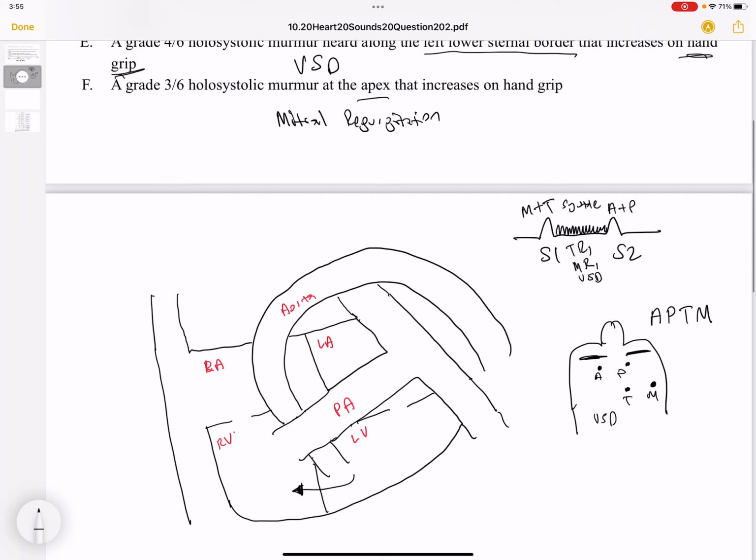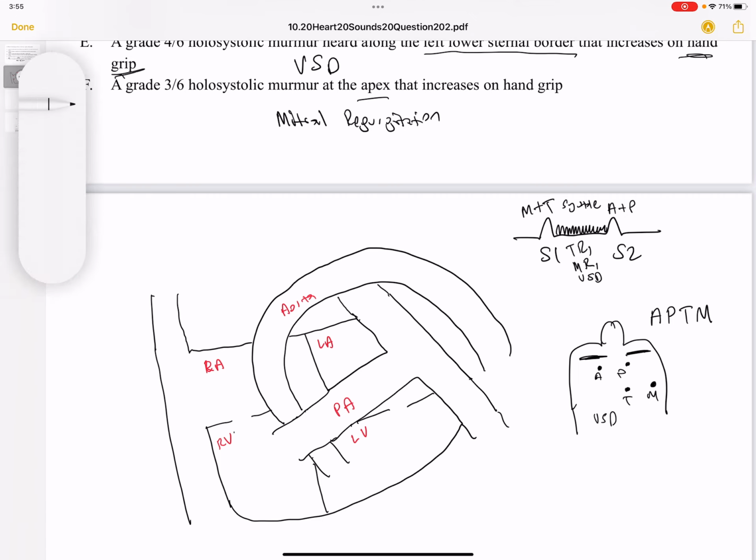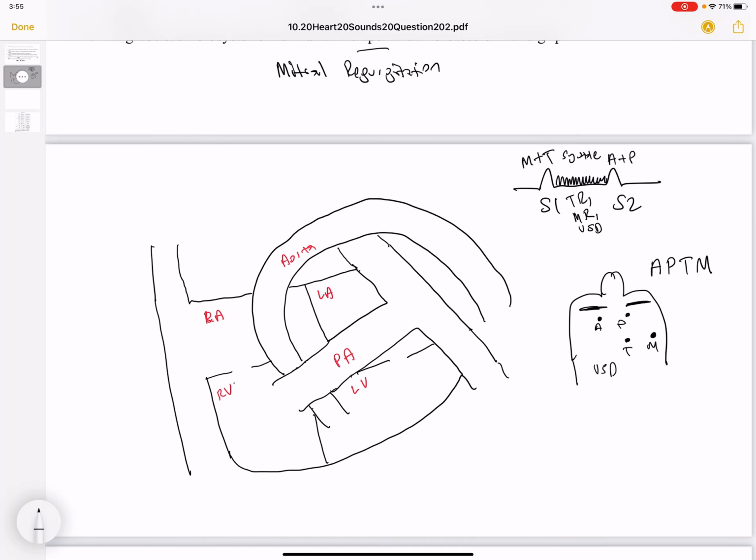With tricuspid regurgitation, the answer choice would say something like an increase of the murmur intensity with inspiration. So tricuspid regurgitation occurs when, during systole, the tricuspid valve should be closed.